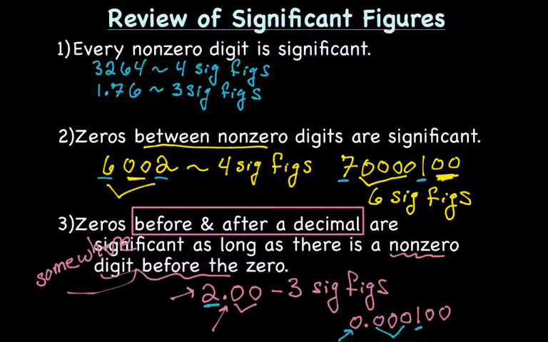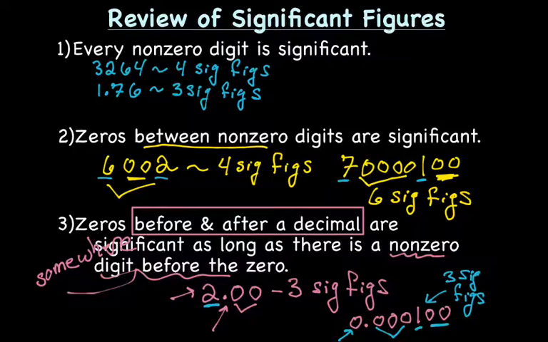These 3 after the decimal are indeed after a decimal, but again, no non-zero digit in front of it, so not significant. These 2 zeros at the end are 1 after a decimal, and 2, there's a non-zero digit in front of it, so they are indeed significant. So this number has 3 Sig Figs.